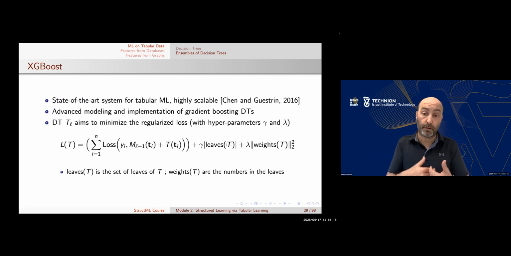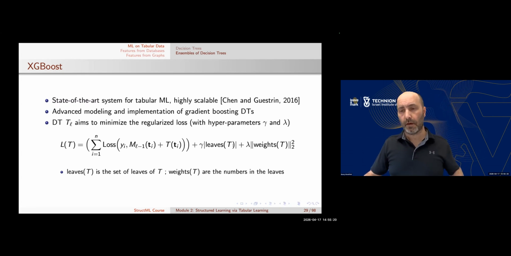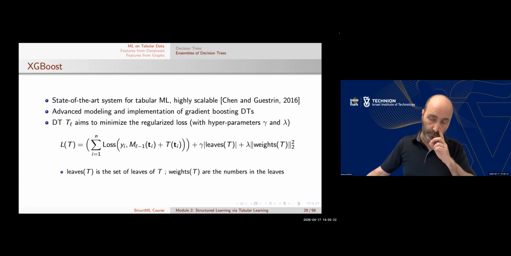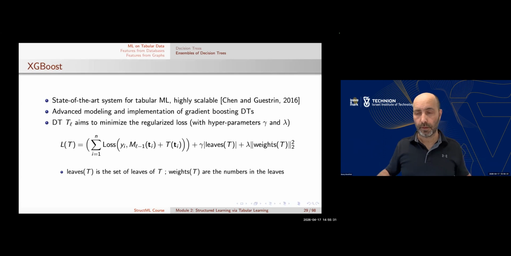Okay, so this is a regularization that penalizes for the number of leaves, plus a regularization term that penalizes for high weights, to make the model more careful, basically. That's the regularization.